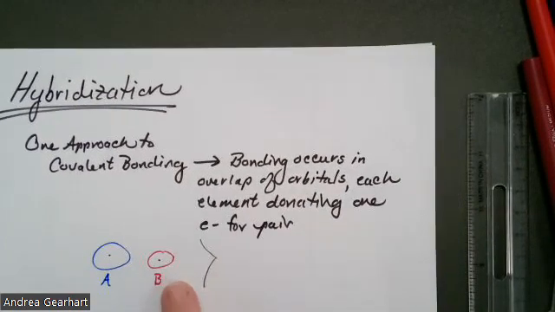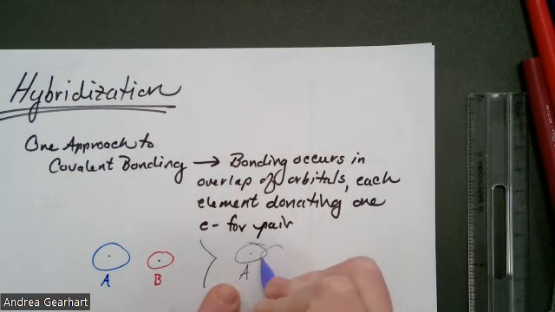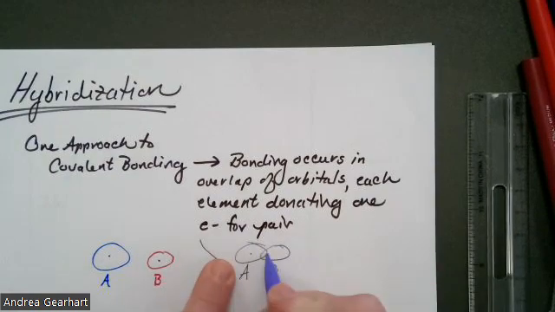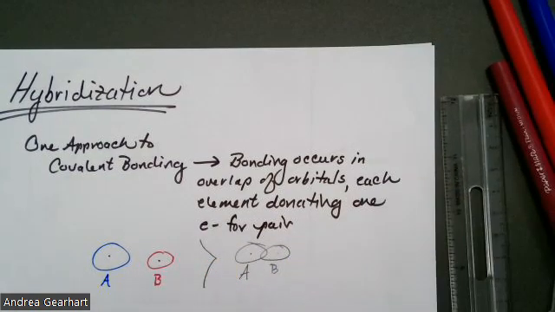One approach to bonding is that you'll create a covalent bond when two atomic orbitals overlap, so we'd have an overlap of their electron clouds, and each atom donates one electron.